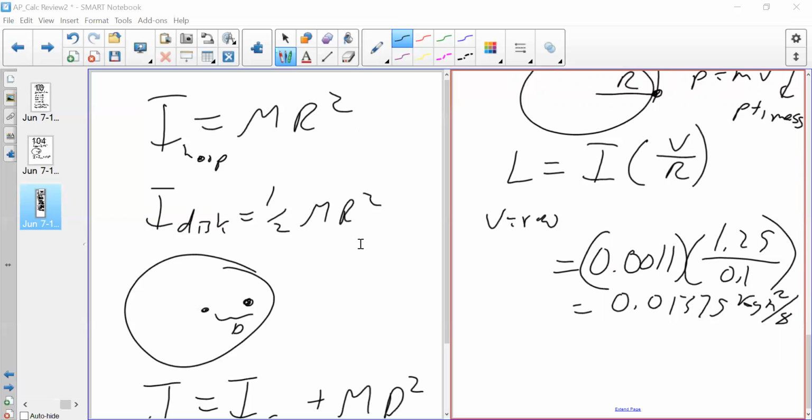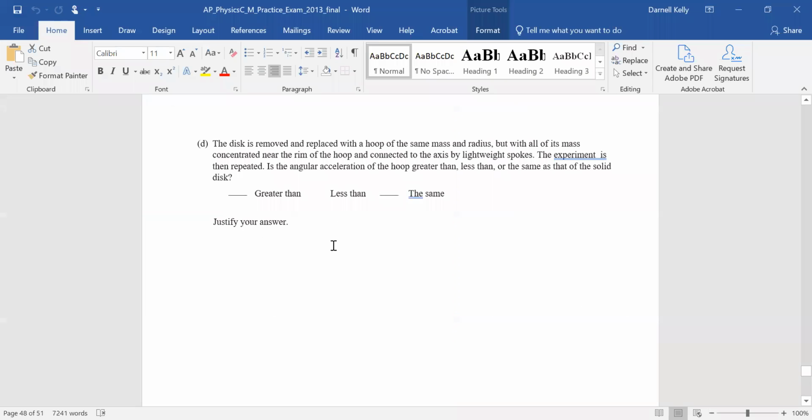The next question was: the disk is removed and replaced with a hoop of the same mass and radius, but with all of its mass concentrated near the rim of the hoop and connected to the axis by lightweight spokes. The experiment is then repeated. Is the angular acceleration of the hoop greater than, less than, or the same as that of the solid disk? So we have to know the moment of inertia of this hoop.